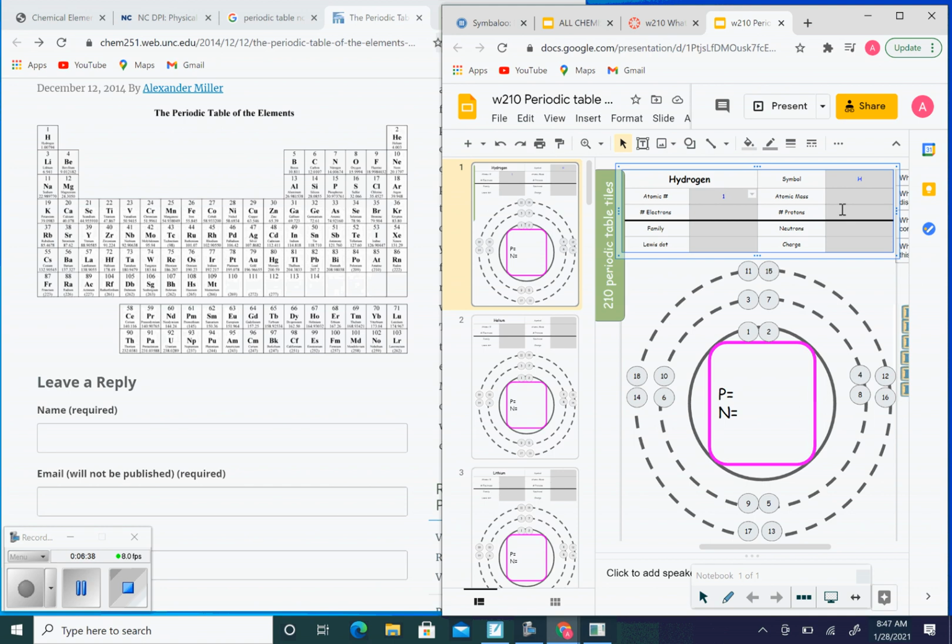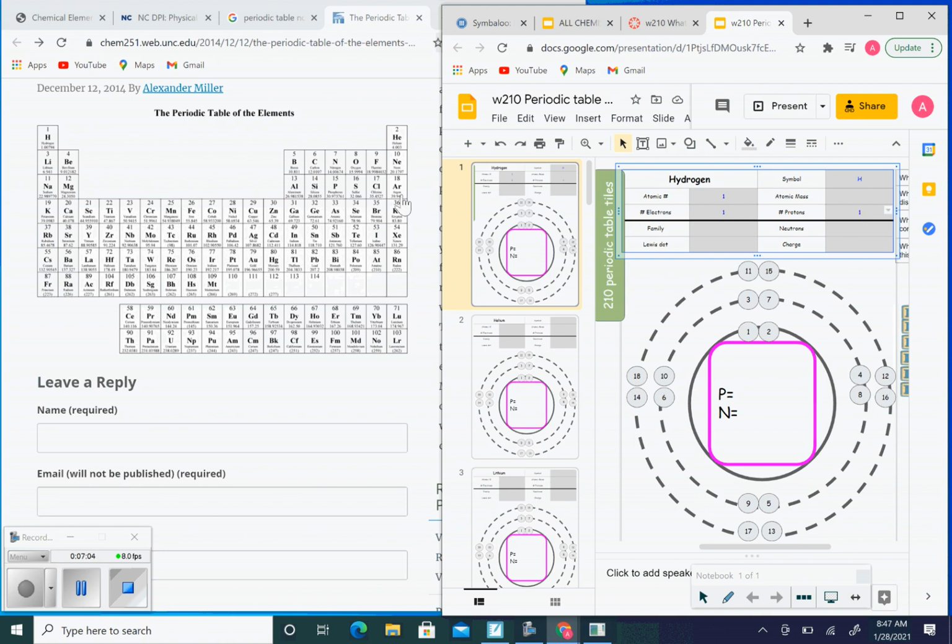When we're talking about electrons and protons on the periodic table, they are always the same exact number as the atomic number. So this atomic number says there is 1 electron and 1 proton. They are always the same when we're talking about them on the periodic table. So atomic number 1 says there is 1 electron and 1 proton.